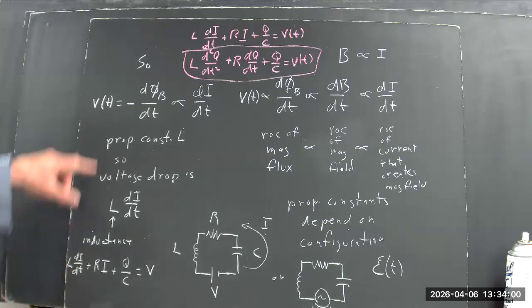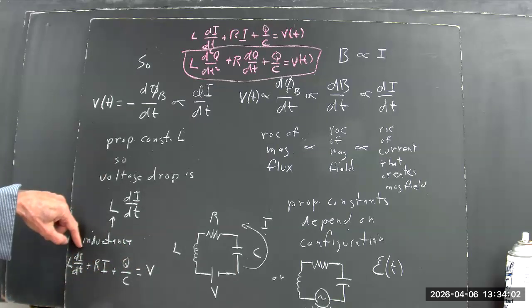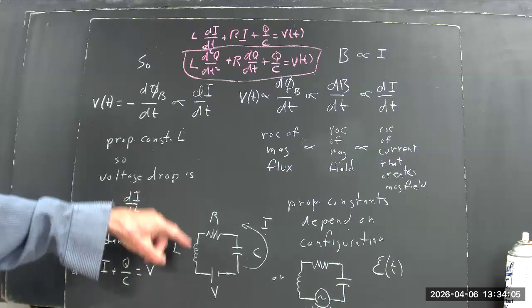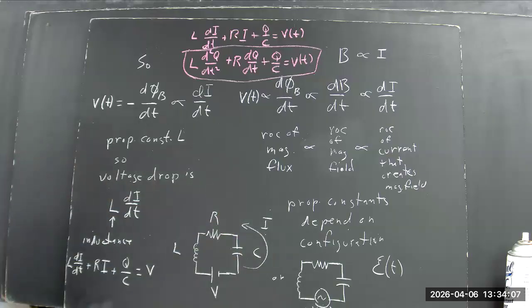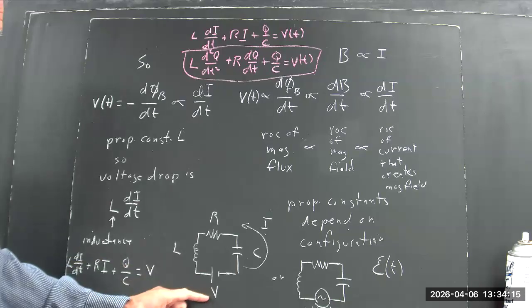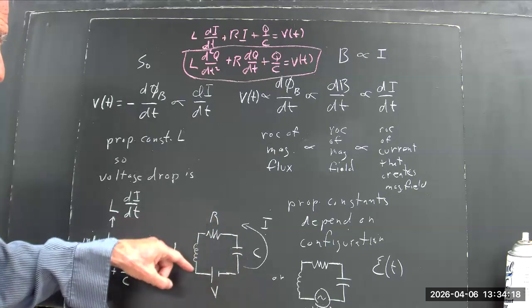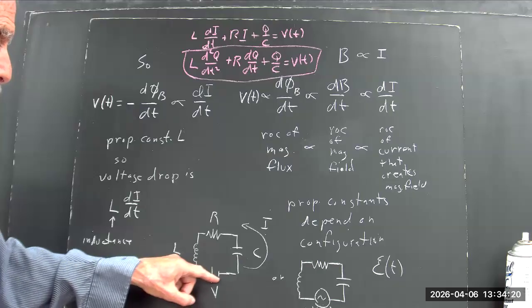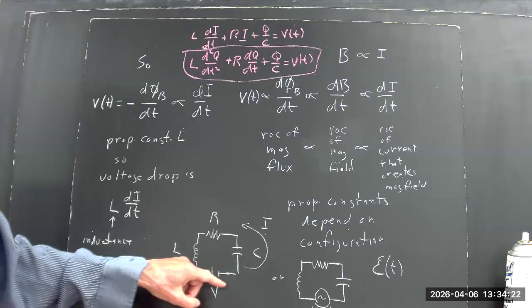The voltage drop across the inductor is L di/dt, where L is the inductance, which depends, again, on the configuration of the loops and so forth. Okay, a single loop has a bit of inductance, it's not much. So you have voltage drops around the circuit, and then the voltage goes up again from one plate to another.